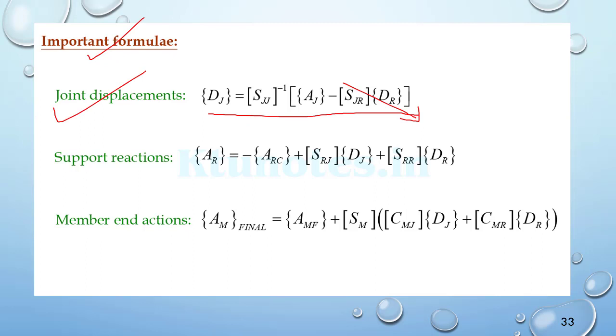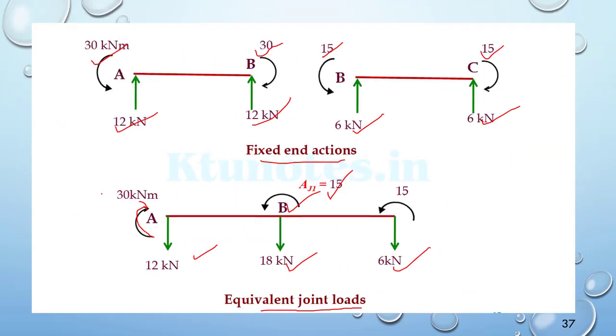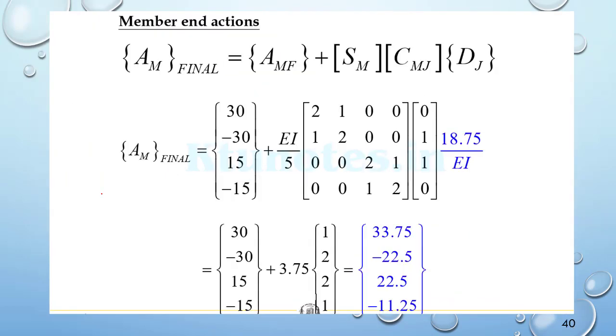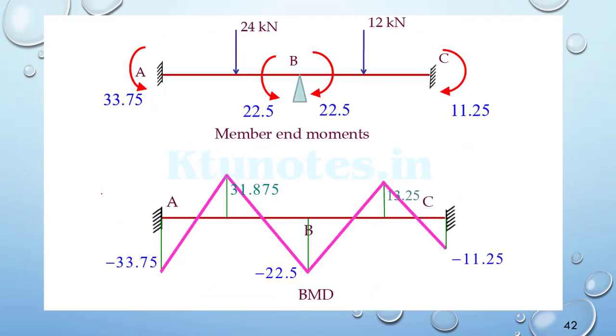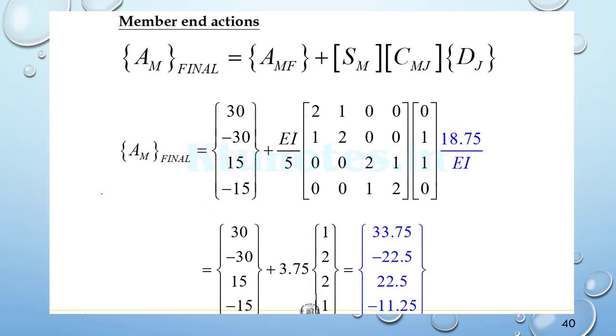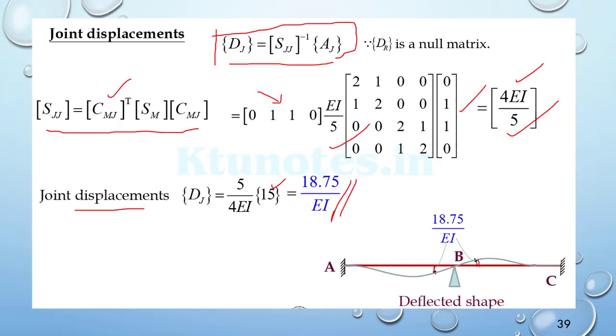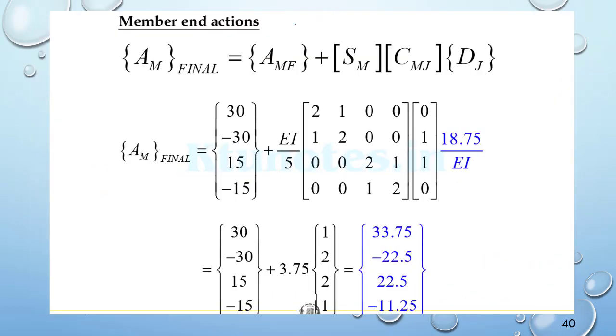Okay, then after getting the joint displacement, we can proceed to the support reactions and the member end actions. So after finding the displacement, we have the member end action equation: AM final is equal to AMF plus SM into CMJ into DJ.